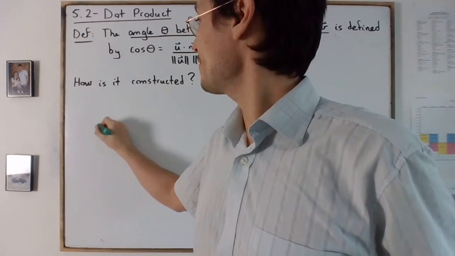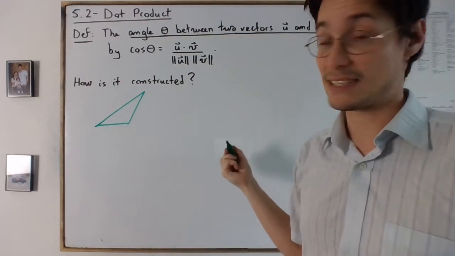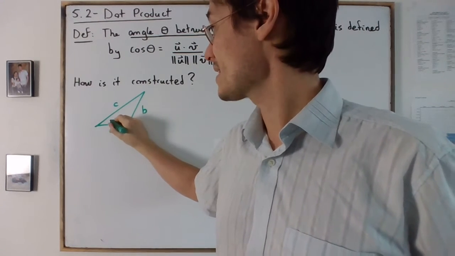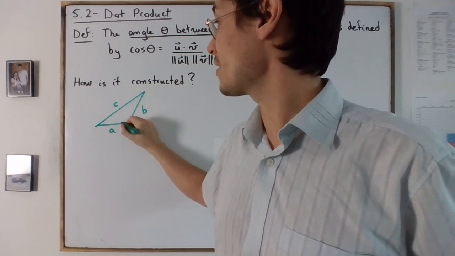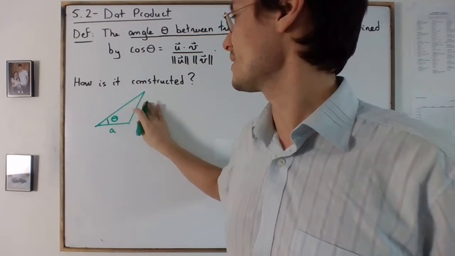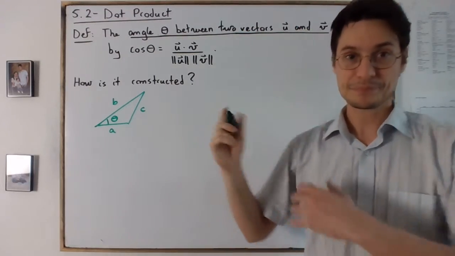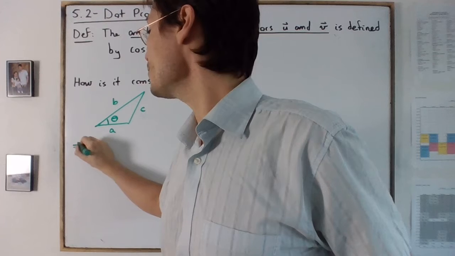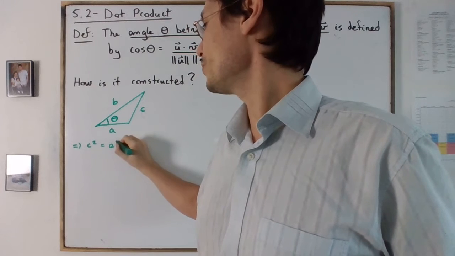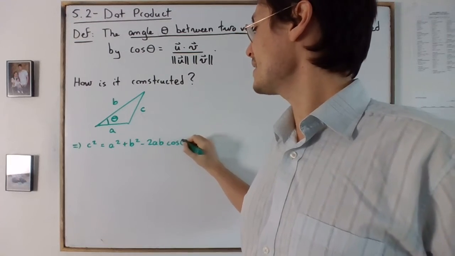If you have a triangle, and this triangle could be oblique, something like this, with sides A, B, and C, and you define the angle theta to be this angle, then the law of cosines tells you that c squared is equal to a squared plus b squared minus 2ab cosine theta.